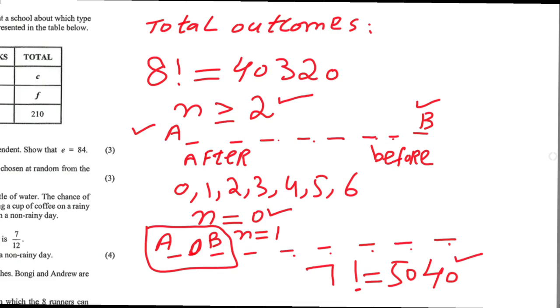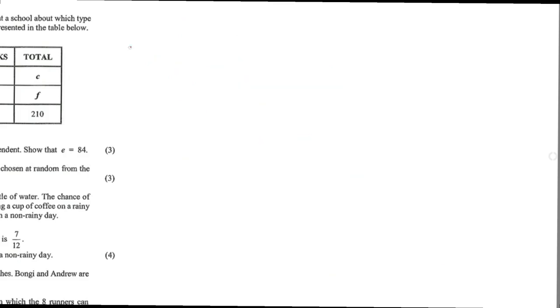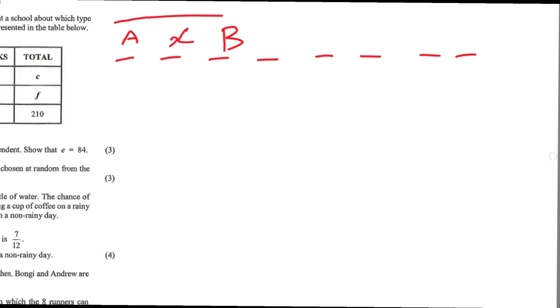Now we need to calculate the outcomes where between A and B there is 1 person. So let's do that. 1, 2, 3, 4, 5, 6, 7, 8 positions, and this is A. Between A and B, say we have one number only, that number is X. So we count it as 1 unit.